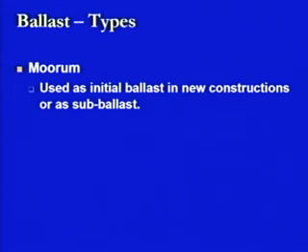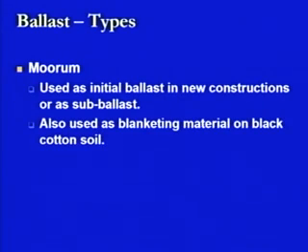This is a condition where we are trying to increase the depth of the ballast cushion, but instead of providing the same good quality material from top to bottom, it is provided in two different layers, with the top layer of higher quality material, whereas the sub layer is provided with lower quality material like muram. So, this is how it is used.